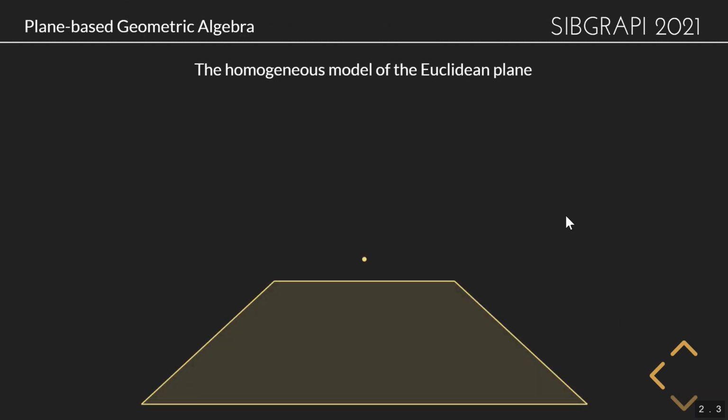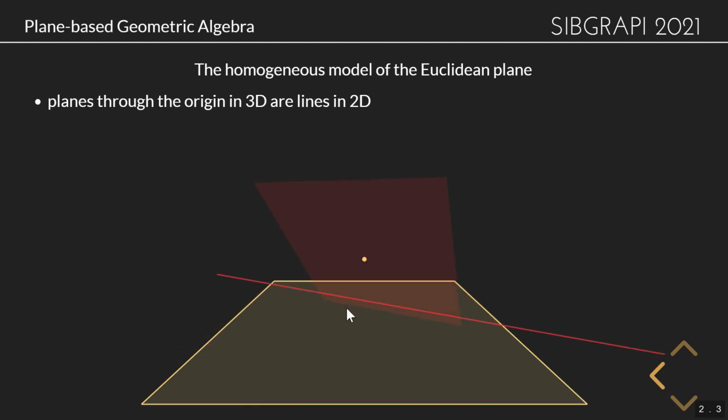Like Leo taught you in the previous episode, to model the 2D Euclidean geometry, we will actually use a 3-dimensional vector space. So that's what we're rendering here. This is the origin of our 3-dimensional vector space, and this is the projective plane in which we will be doing Euclidean geometry. We want to represent our reflections and our point reflections as lines and points in this plane, and we will do so by representing lines as a plane through the origin in 3 dimensions.